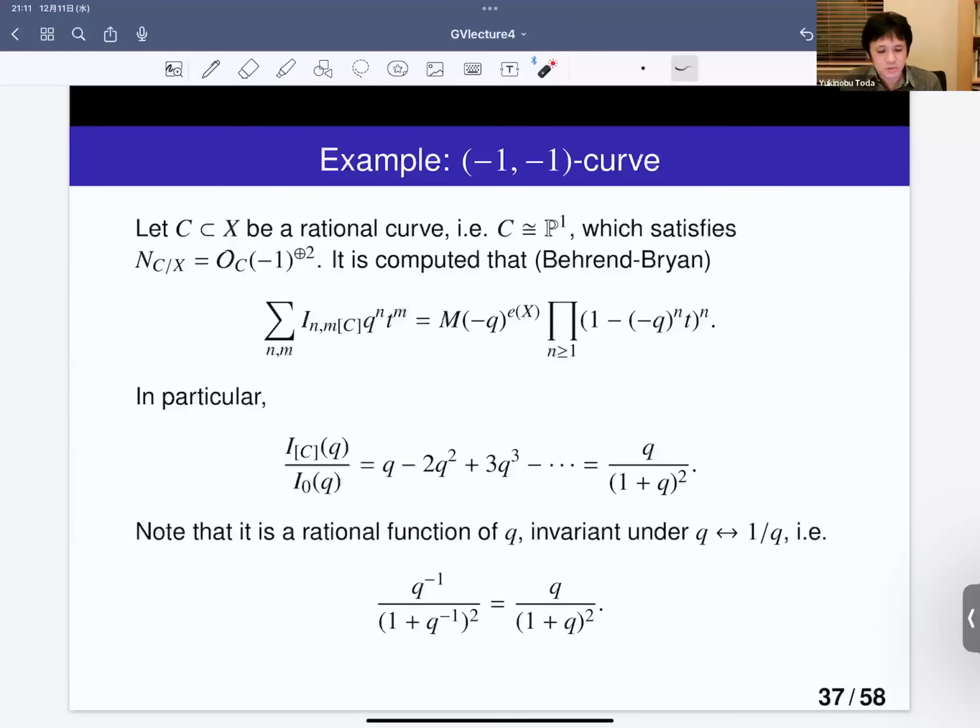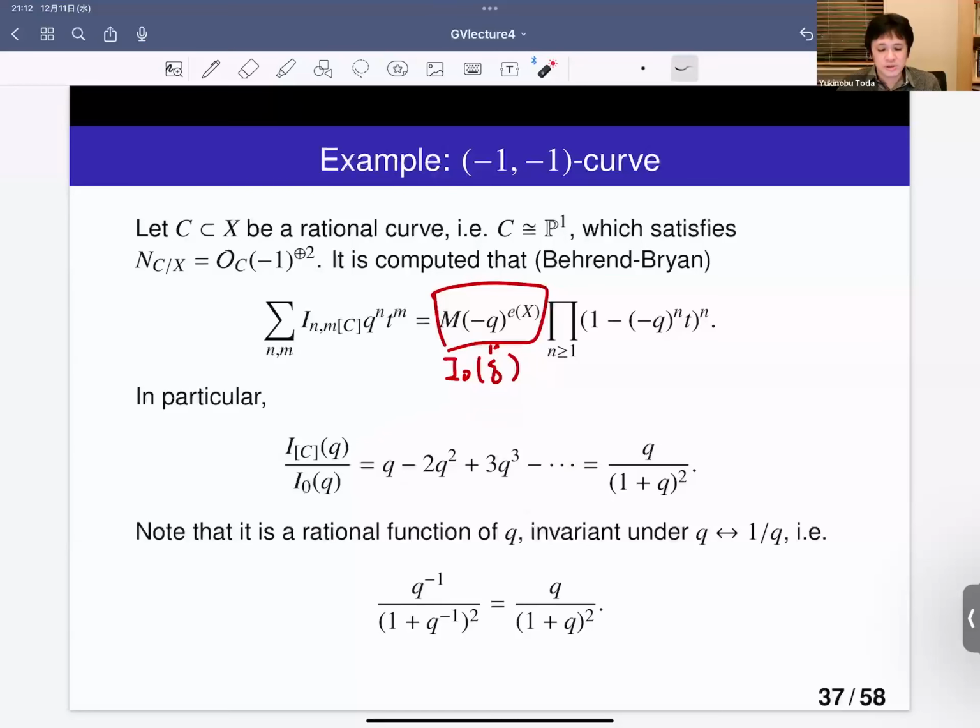The result is this one. The first factor is the MacMahon function. This one appears in the point counting, as in the previous slide. If you take the quotient, and in particular if you only consider the degree 1 part, then you see that the series is like this.